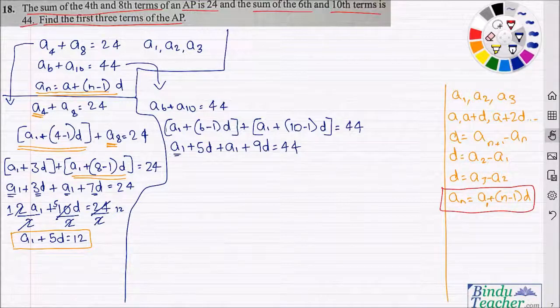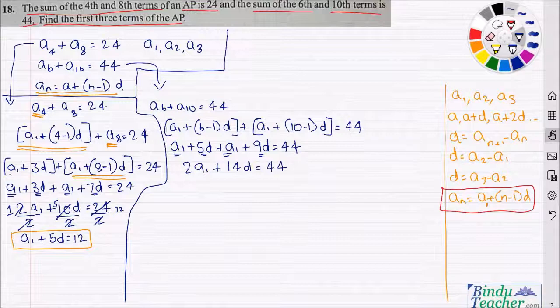So we have plus a1 which becomes 2a1, plus 5d plus 9d which becomes 14d. Right? So 14d equal to 44.